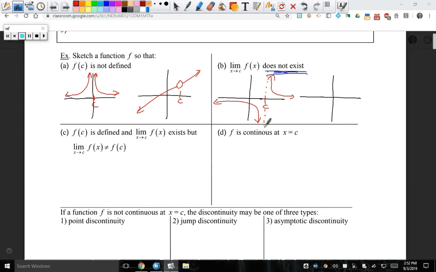The limit does not exist. Perfect. Arjun, what's another one that we can do? To one side. Jump. A jump discontinuity? So you're saying like, here's c, like we were doing some of those that look like this? Okay, perfect. There's another example of a function where the limit does not exist.